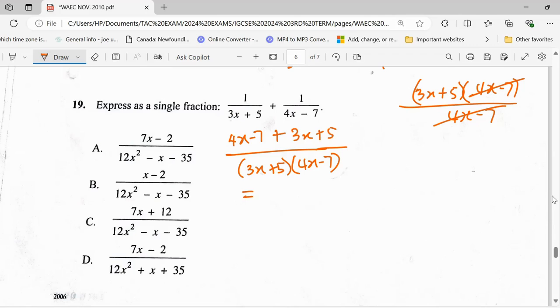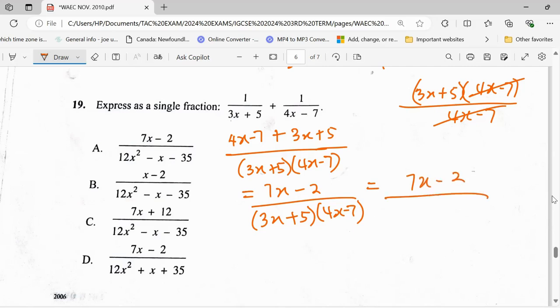So this gives us 4x plus 3x is 7x. Minus 7 plus 5 is minus 2, all over 3x plus 5 into 4x minus 7. So now, if you open this bracket, you have 7x minus 2 all over, now use this 3x to multiply 4x.